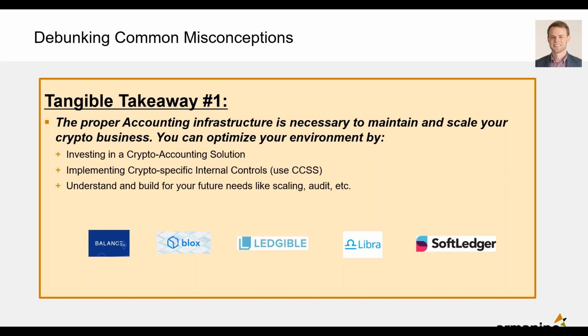And I don't think any of the traditional accounting systems out there today are set up to do that. Second, they don't know to track gas and mining fees. They're just not set up to be looking for that. And so there's a lot of back of the envelope manual work that you'll have to do if you want to properly account for those.